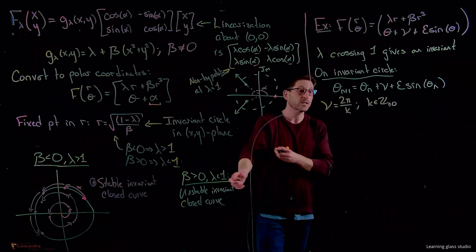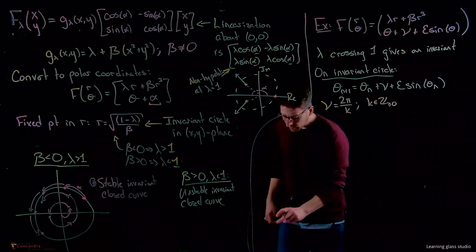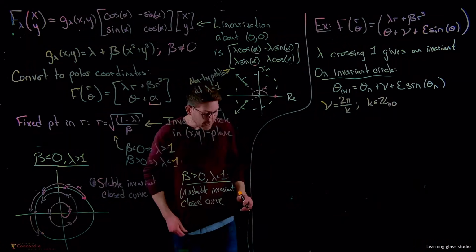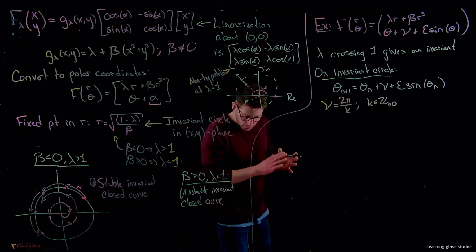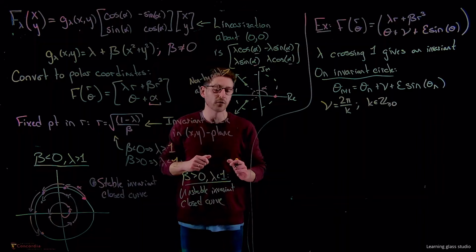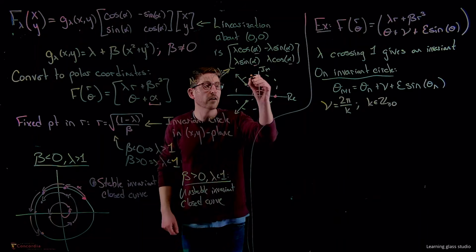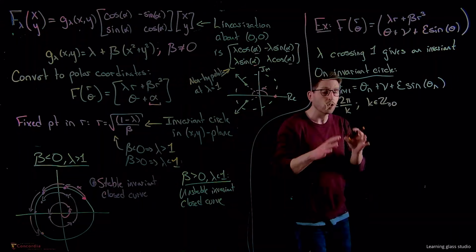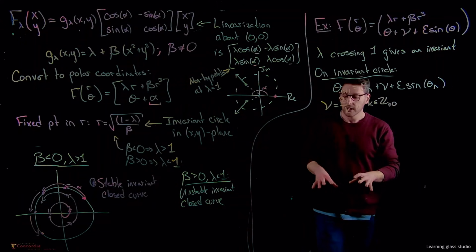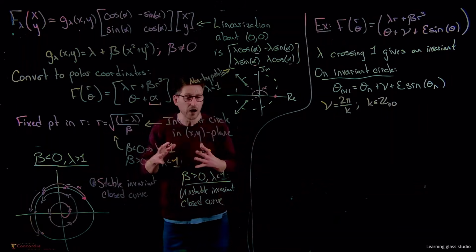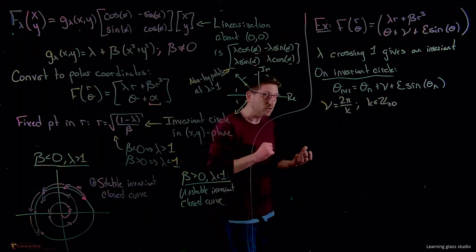In particular, whenever we look at the normal form, we have to be careful about the eigenvalues that come out of your linearized matrix, and where they cross the unit circle really determines what the normal form will look like. And what the normal form looks like determines how complex the dynamics will be, right?